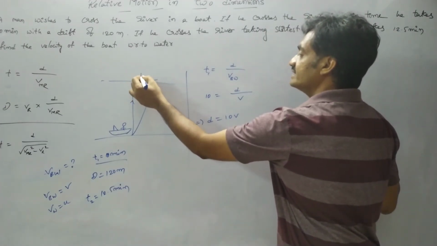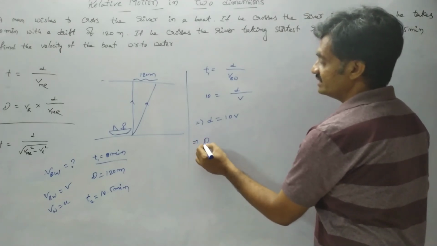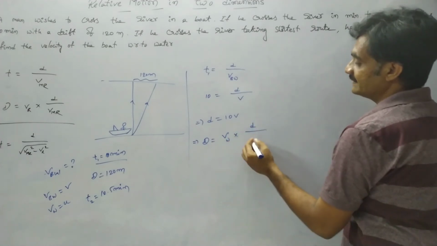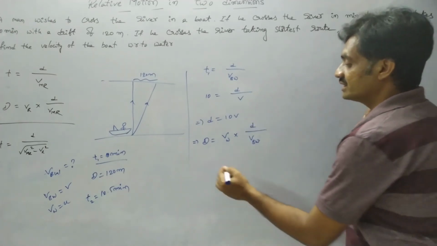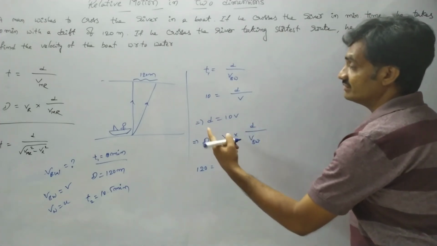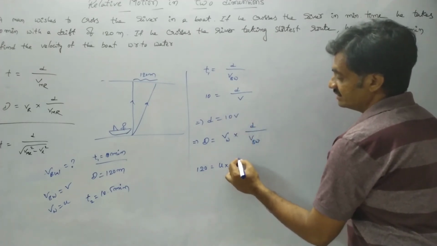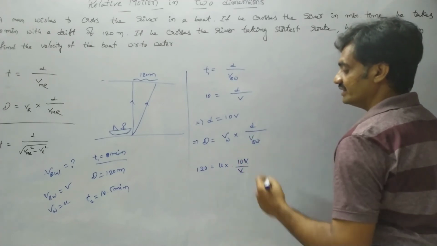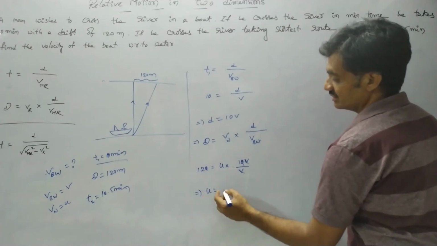Drift is equal to the velocity of the water into distance by the velocity of the boat with respect to water. So 120 equals u into d, nothing but 10v, by v. Here v and v get cancelled, and the 0s get cancelled, so we have u equals 12.